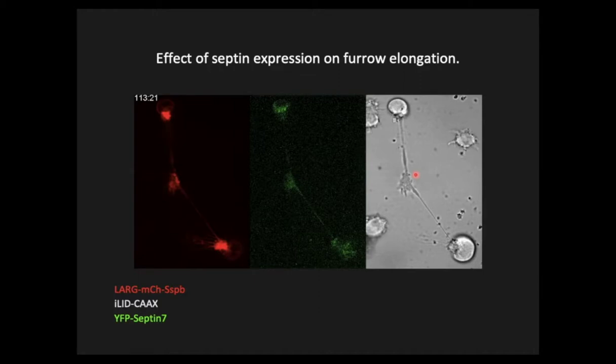Then we think that septins localize in the intercellular bridge to give this tubular structure and form the mid-body. You will see this structure here.